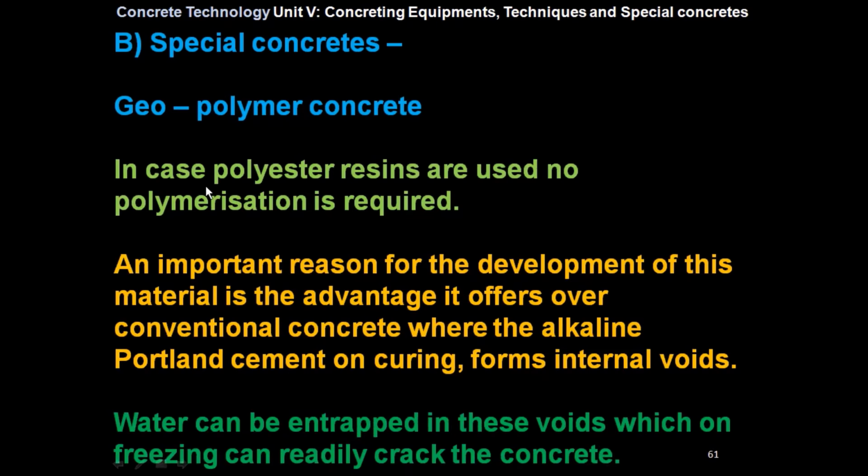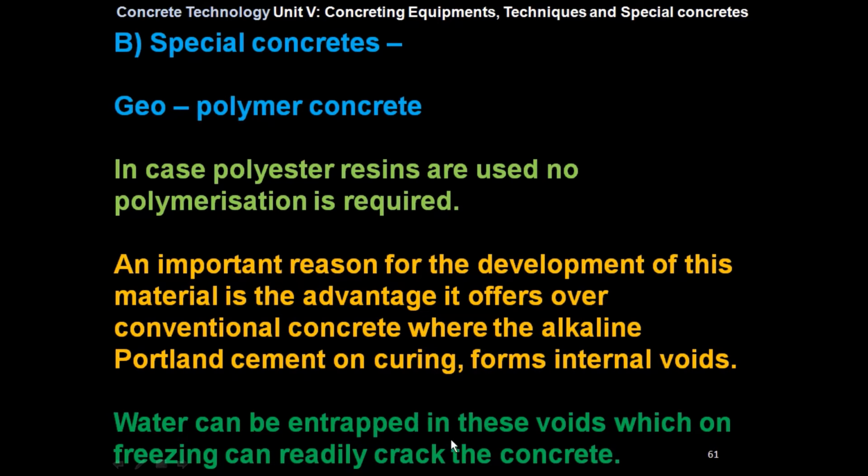In case polyester resin is used, no polymerization is required. An important reason for the development of this material is the advantage it offers over conventional concrete, where the alkaline Portland cement on curing forms internal voids.